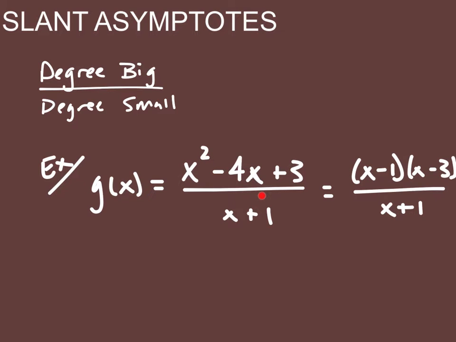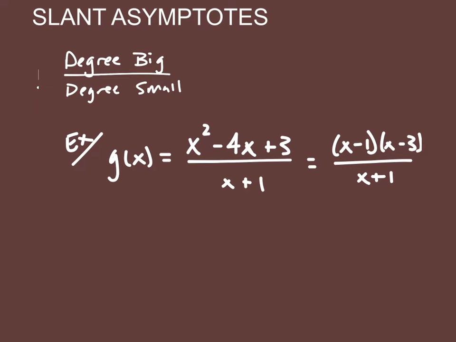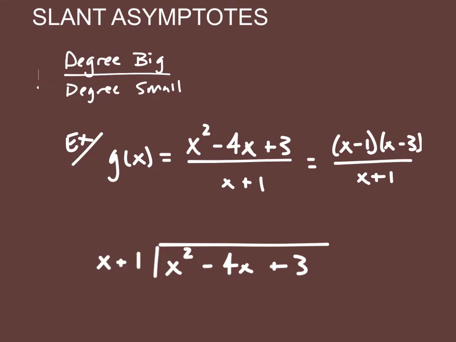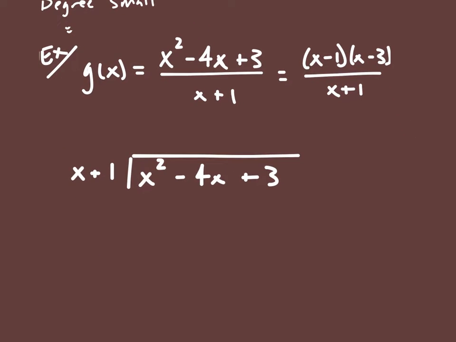We just want to find the slant asymptote, so let's take a look at how we do that. In order to do that, you want to do long division. Put x plus 1 there and x squared minus 4x plus 3 down here. x times what gives us x squared? That's just going to give us an x.